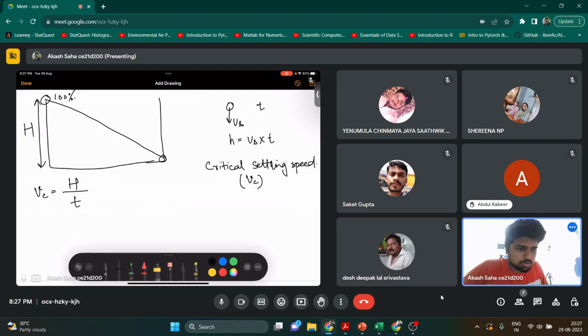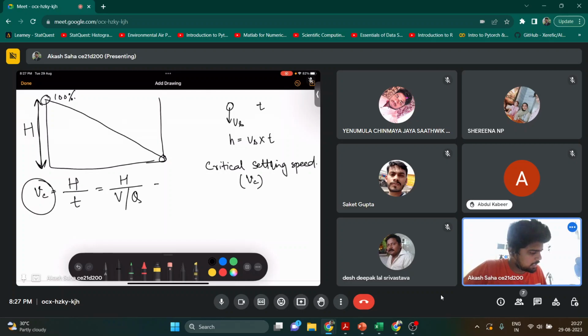This is how we define the critical velocity. So the particle should cover the total height h in the time t. And how will I find the time t? My time t will be equal to volume by Q.